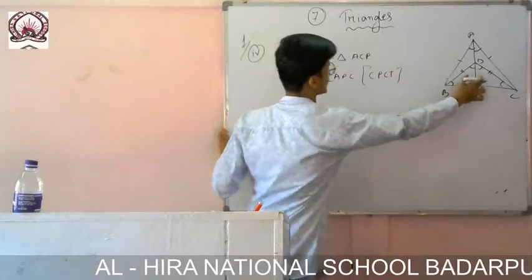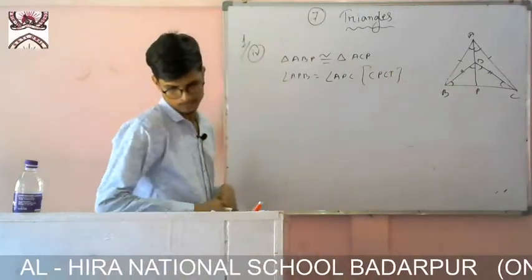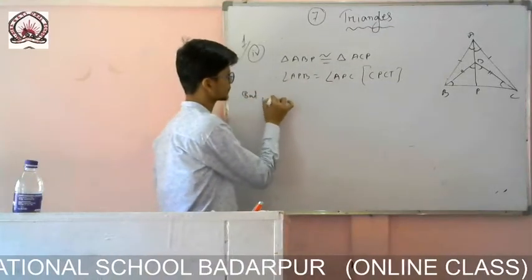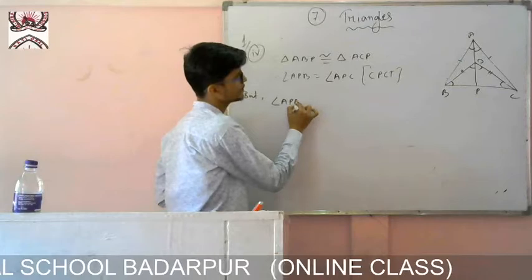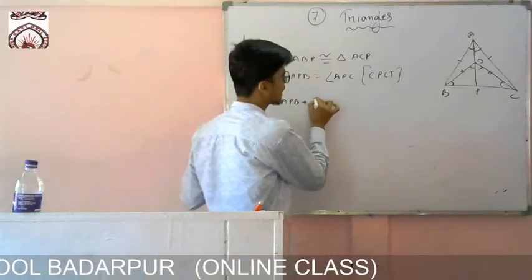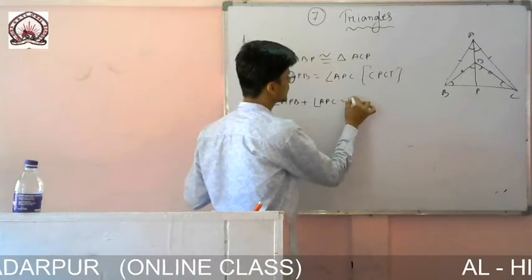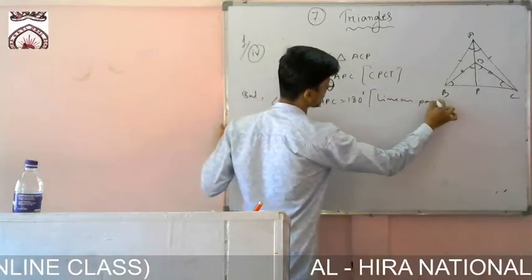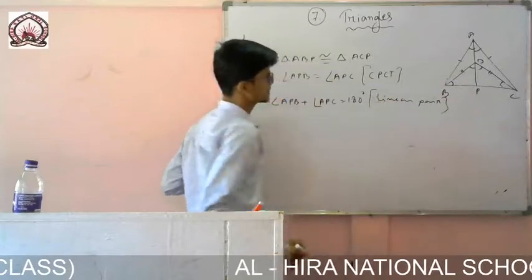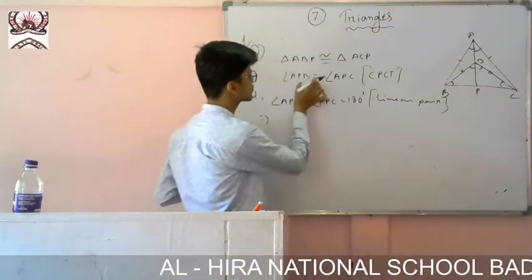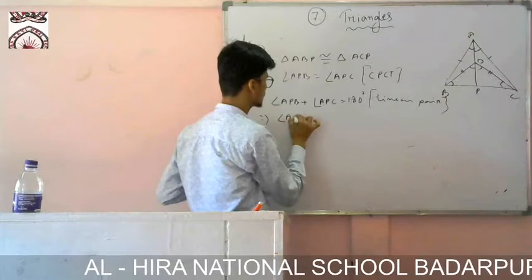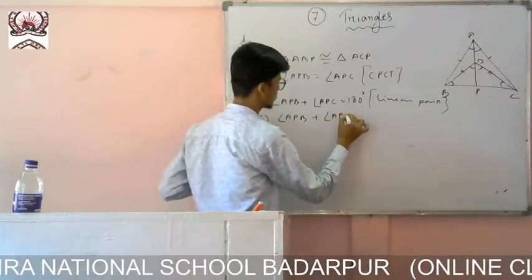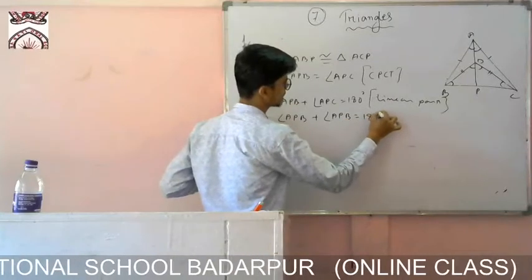I can write these two angles are equal, but angle APB plus angle APC is equal to 180 degrees because of the linear pair. Since these two are equal, I can replace any one. So let me replace APC: in place of APC, let me write APB, equals 180 degrees.